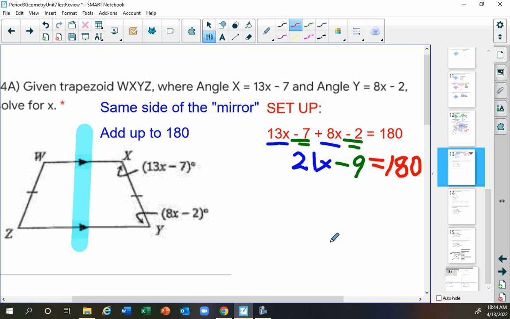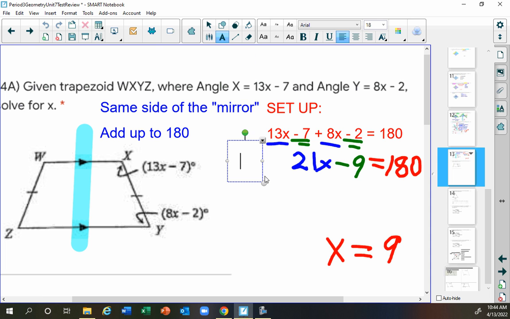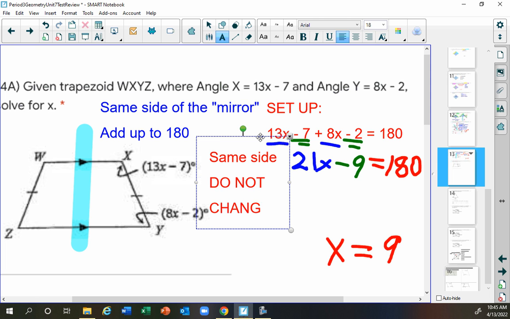When you do the work, you should get x equals 9. So this is to beware: same side, do not change your signs. Don't change those signs. Since the -7 and -2 were on the same side of the equal sign, don't change. Just combine.